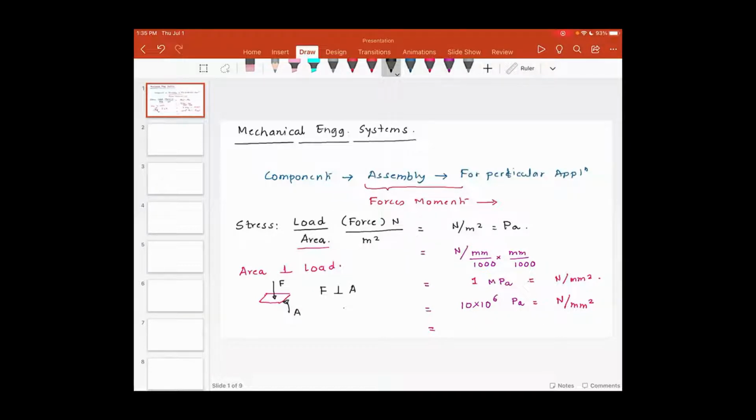This condition is called the normal load. Normal means perpendicular. So the stresses that are generated are normal stresses, and they are denoted as sigma.